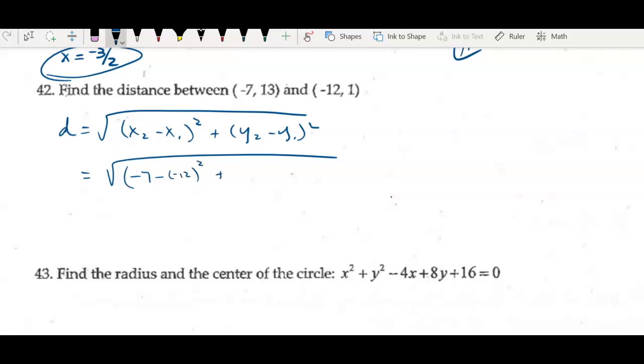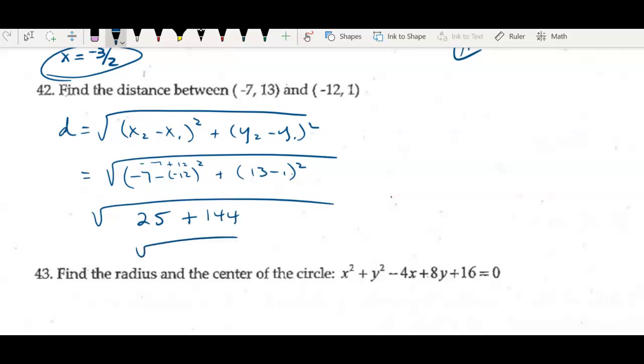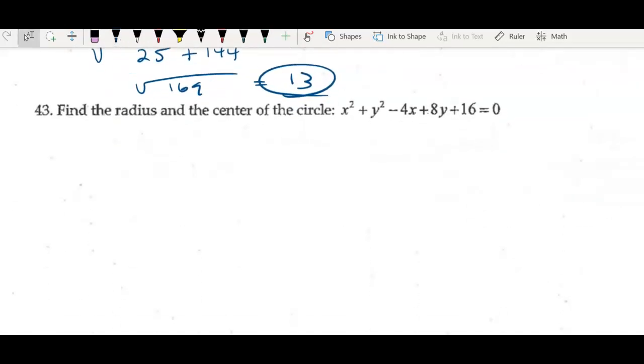Be careful with your signs. This becomes negative 7 plus 12, which is 5 squared. 12 squared is 144. Oh, that's actually 13. Square root of 169 is 13.